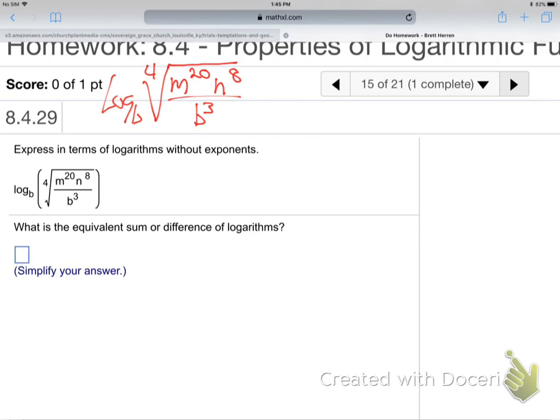It needs to be put down in the box. So what are you going to do with that 4th root? So 1/4 power, isn't it?